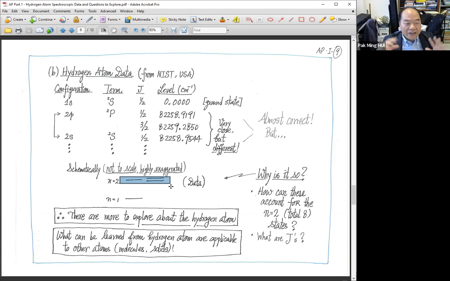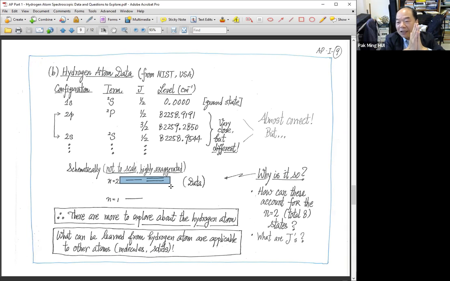At the end, we can understand maybe 90% of this splitting, but there is 10% I cannot tell you why, because we need quantum electrodynamics to finally understand all these fine details, the information of which was given to us by the experimentalists.